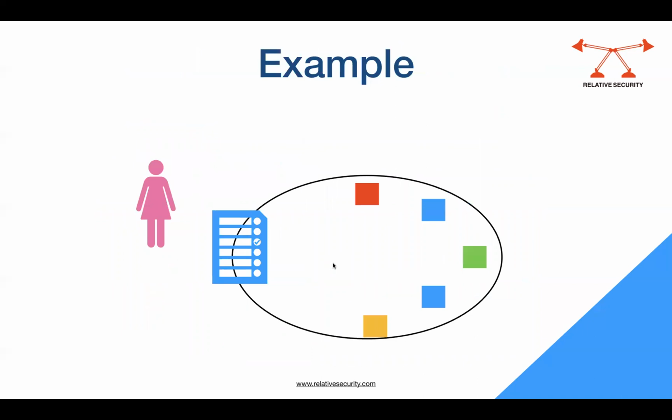Now, before we dive into the Kerberos authentication protocol, let's take a look at this diagram. I understand this diagram is very basic. However, let's see that the lady on the left side in a pink dress wants to go inside the circle and try to avail all these red, blue, green, and yellow services.